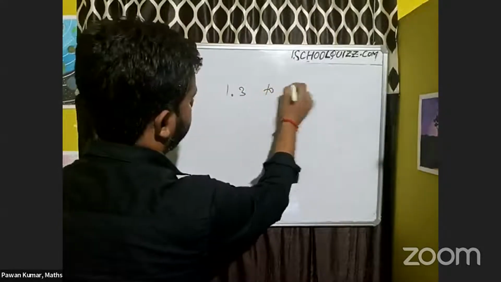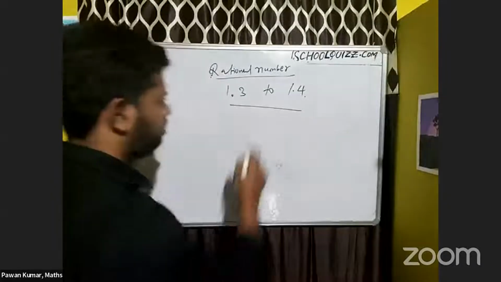Sir, find the rational number between 1.3 and 1.4. Yes, sir. I'm thinking that the decimal will increase and 10 will come under it, and we divide like that. Simple, same thing.